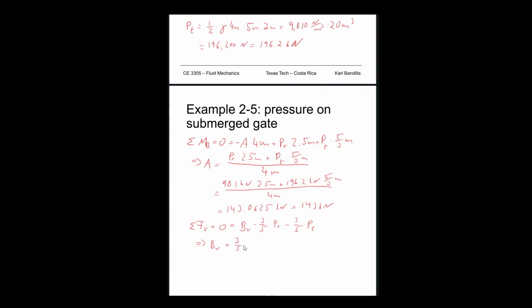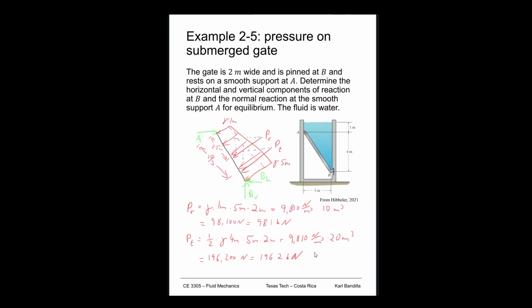So we can say 3/5 PR, we said was 98.1 kilonewton, plus 3/5 of 196.2 kilonewtons, and that is 176.58 kilonewtons, or 176 kilonewtons if we round it out. All right, so now we have A and BV, so we're left with BH.